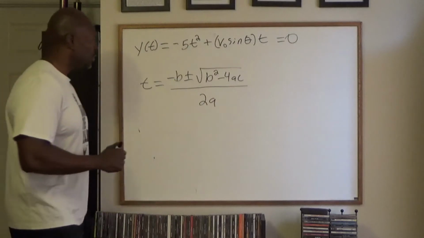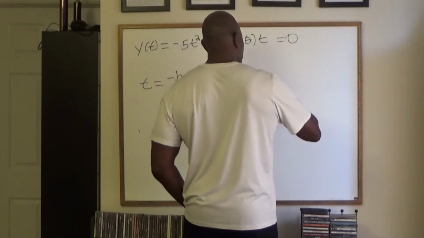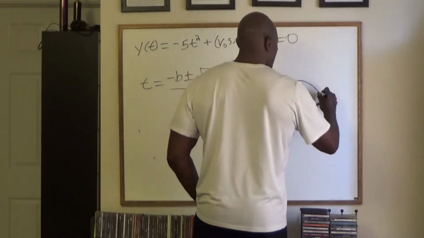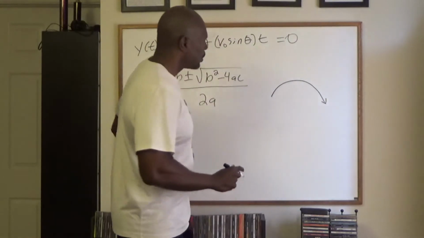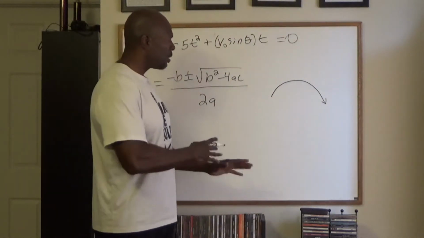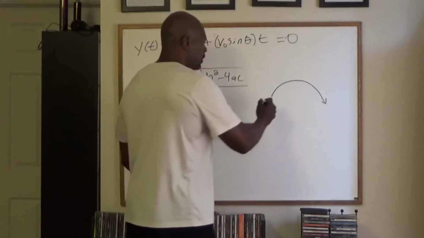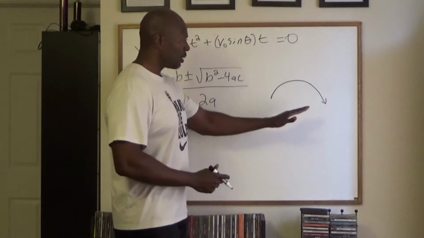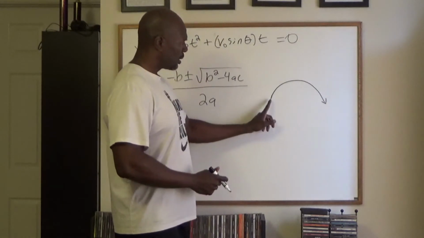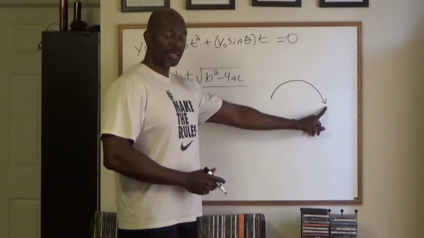Now, one thing you have to understand in this problem: for my scenario, there wasn't an initial height. So when I first throw the ball, the initial height is 0. So there are actually two values of t when the projectile is at the ground: where it starts at time t equals 0, and this one.